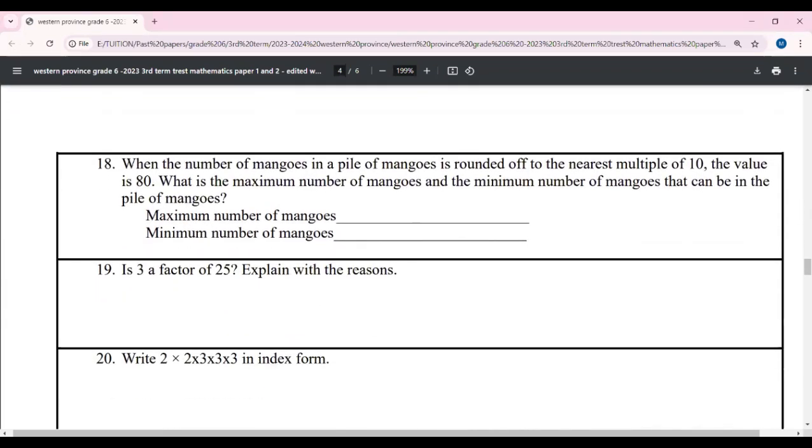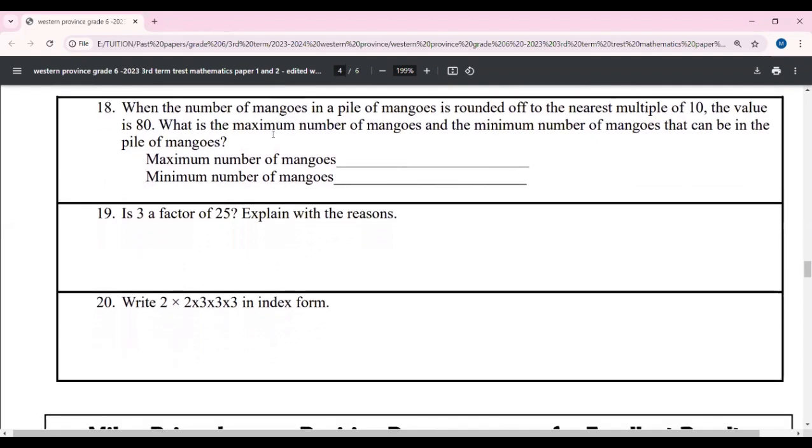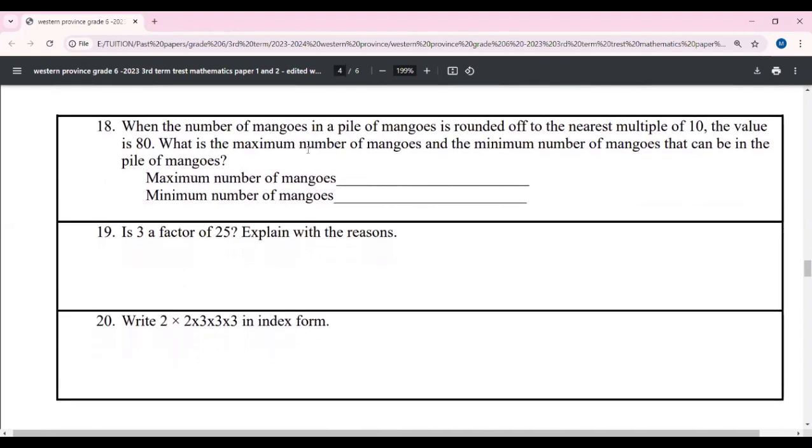Then let's go to the 18th question. When the number of mangoes in a pile is rounded off to the nearest multiple of 10, the value is 80. What is the maximum number of mangoes and the minimum number of mangoes that can be in the pile? You need the knowledge of rounding off.